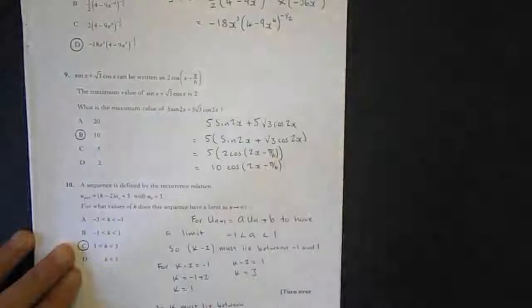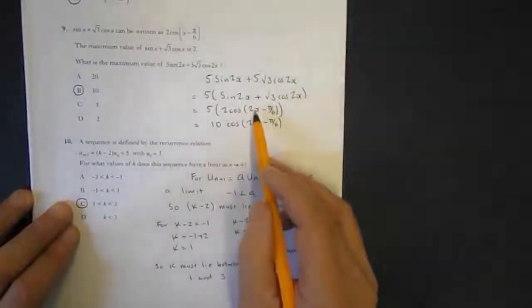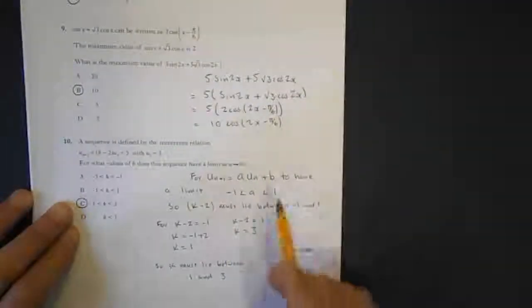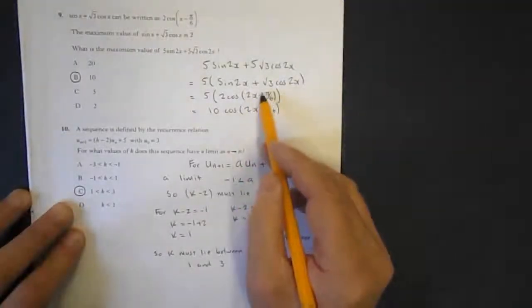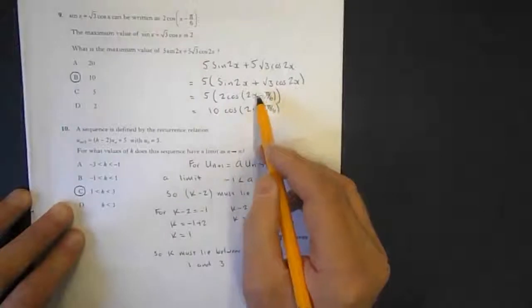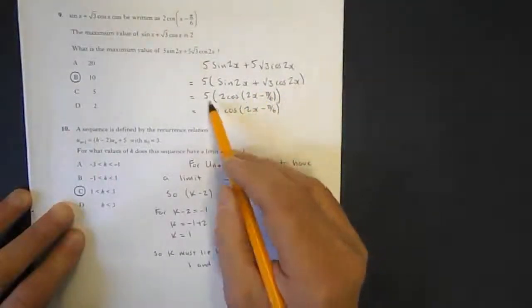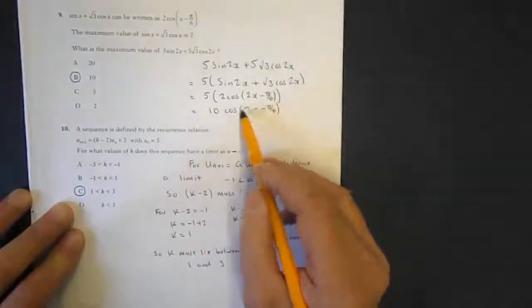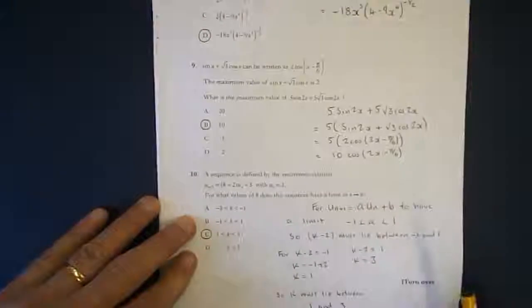So sin 2x plus root 3 cos 2x can be written as 2 cos(2x take pi over 6), not the x that we used earlier on. But it still pans out the same, because the cos of anything, maximum that gets to is 1. So the maximum that's going to get to is 2. 5 times 2 is 10 there. So the maximum the whole function gets to is 10. There we have it there.